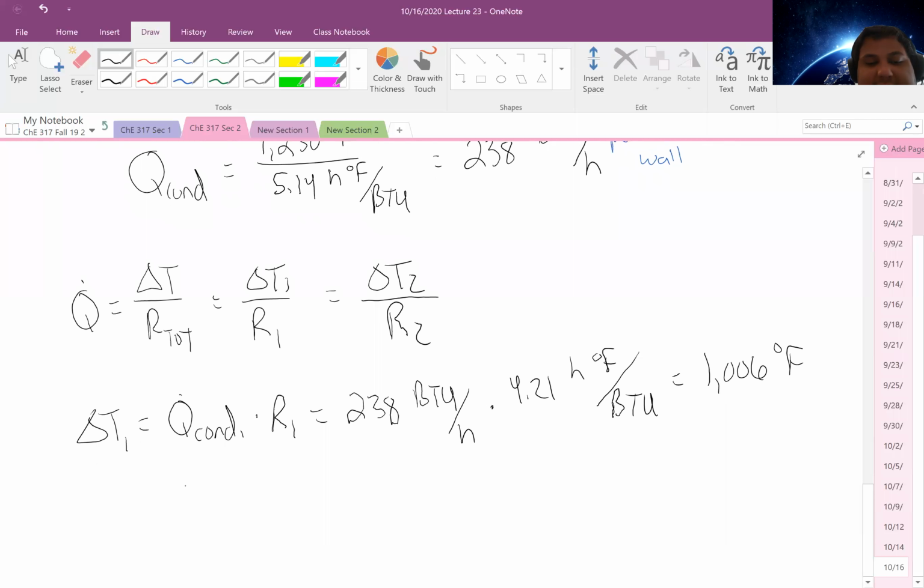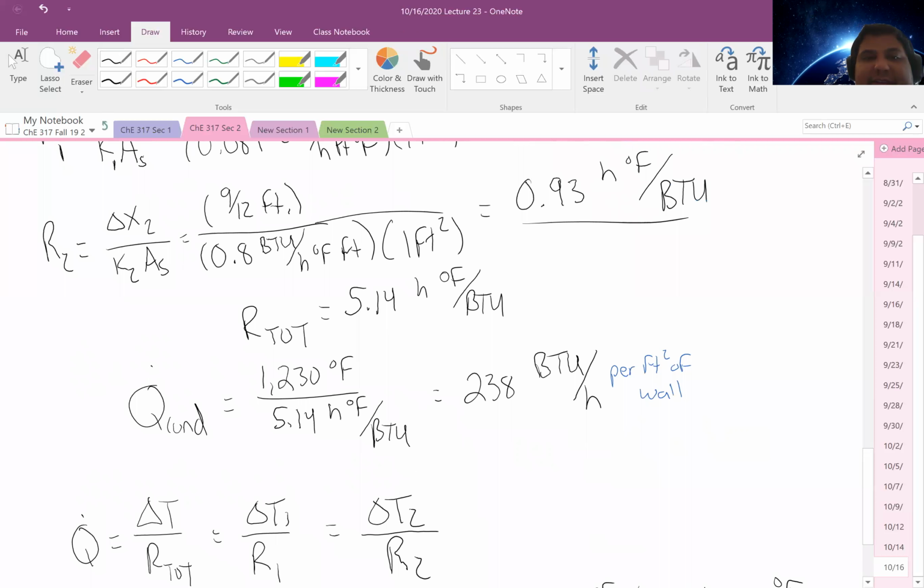And so the T at the interface is then 1,400 degrees minus 1,006 degrees, or approximately 394 degrees Fahrenheit.